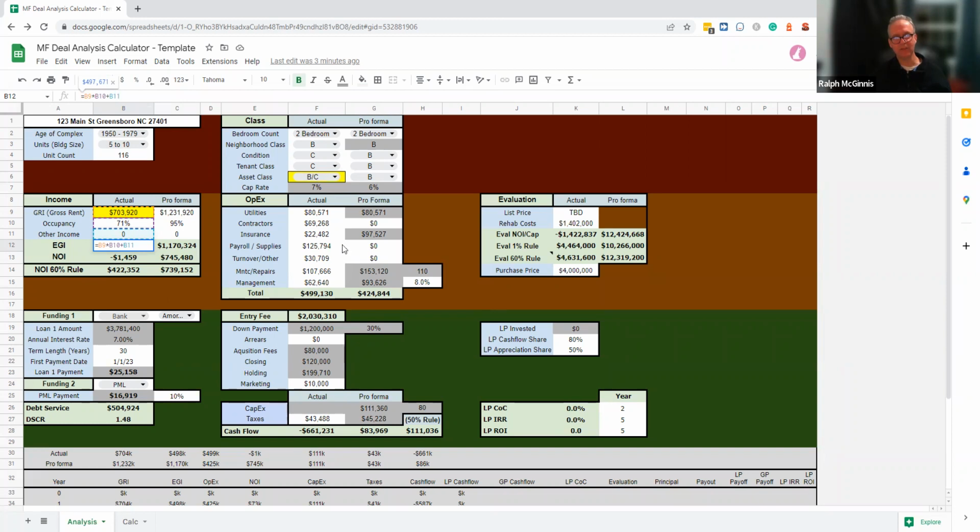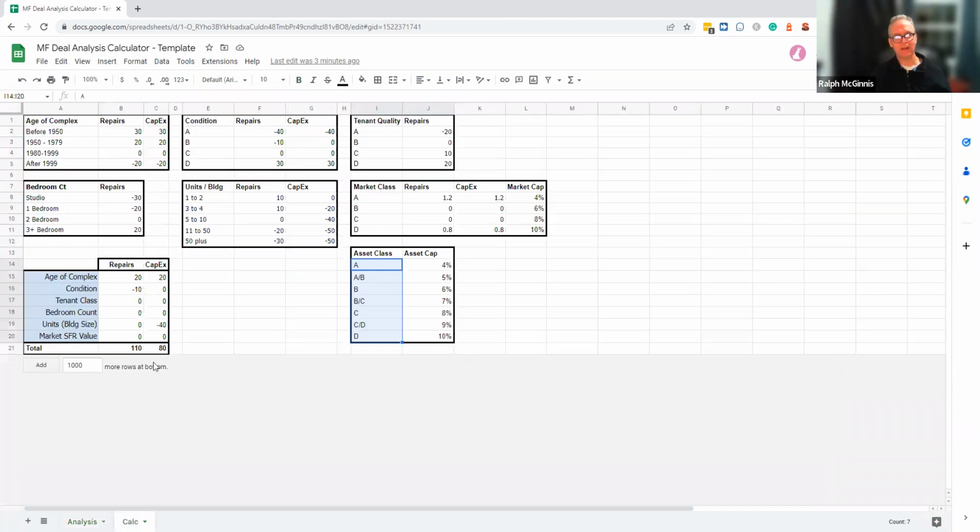Like when you get into the maintenance and repairs on this property, you see this 110 over here. That is in the background. There's a deeper formula on another calculator tab that calculates, based off of the age of the complex, the condition, the tenant class, the bedroom count, the units, the building size, and the market value, all those things add up to the 110.